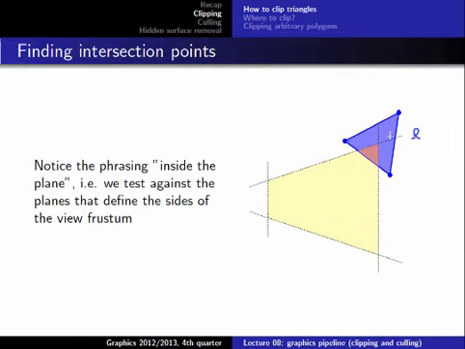So if you would test that with the left plane, then you say, okay, this intersects clearly, so you cut off this part here and have a new triangle, and then you test against the far plane, and then you see, okay, this new triangle here intersects again, so I create these new intersection points, have a new triangle, and cut off this part here. So you see, if we're sequentially testing against all the viewing planes, then of course we can also handle this case here, although none of the vertices are inside of the view frustum.